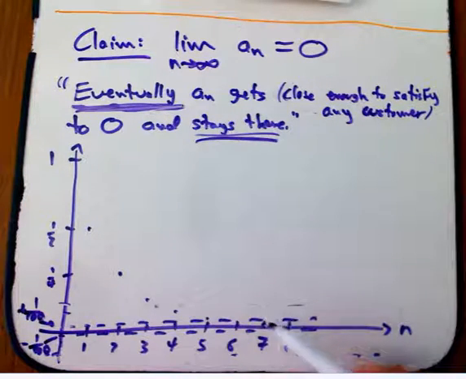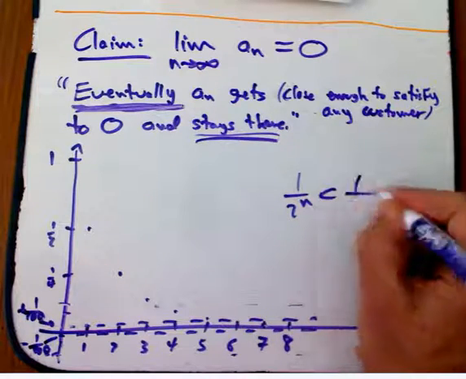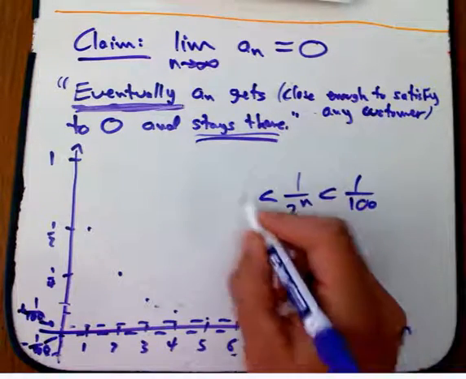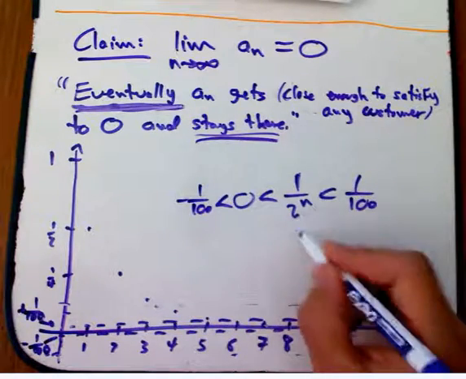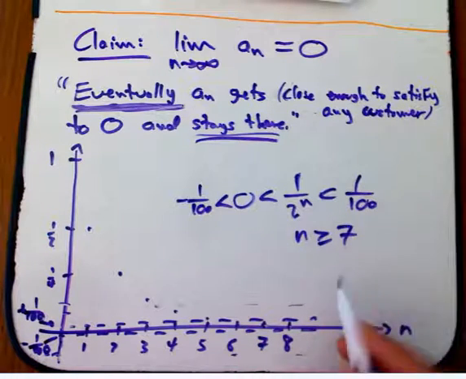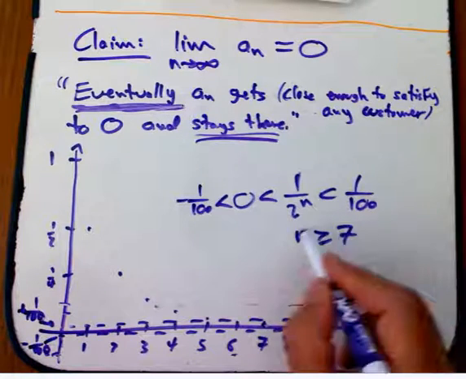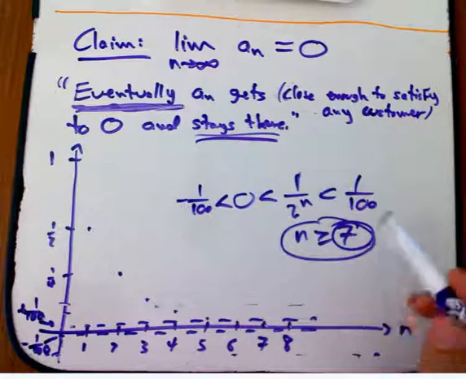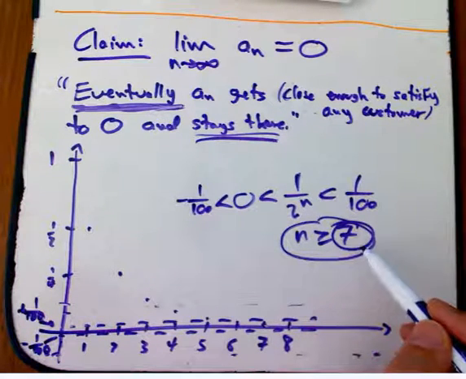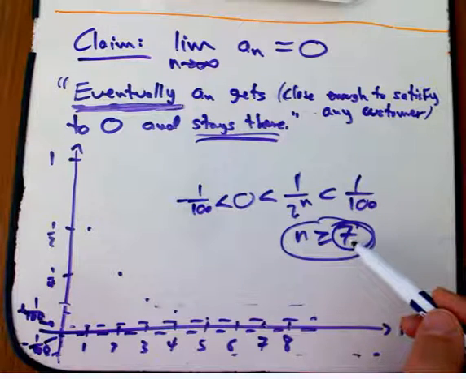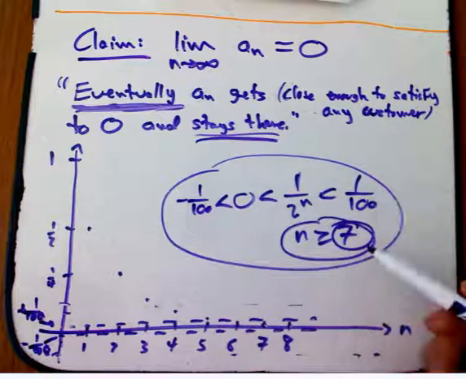Well, this is true. Eventually, 1 over 2 to the n does become less than 1 over 100. It's always bigger than 0, so it's certainly greater than minus 1/100th. And in fact, that's going to be whenever n is greater than or equal to 7, because at 7 it's 2 to the 7th, which is 128. And so eventually, and there's a specific number we can attach to that, at term 7 or after, and no matter what after, it still works, 1 over 2 to the n is within these bounds of 0.